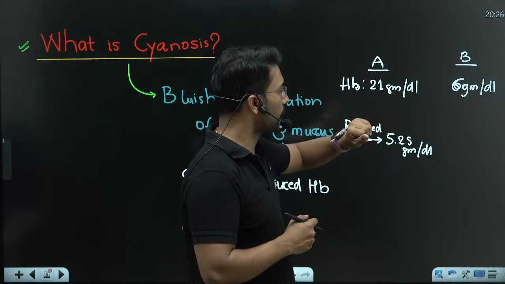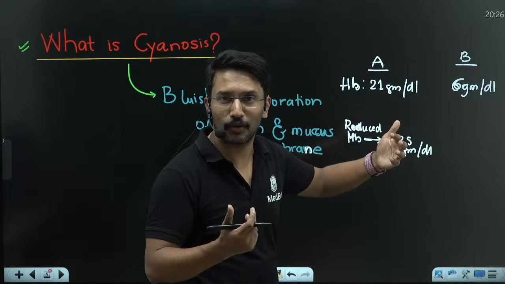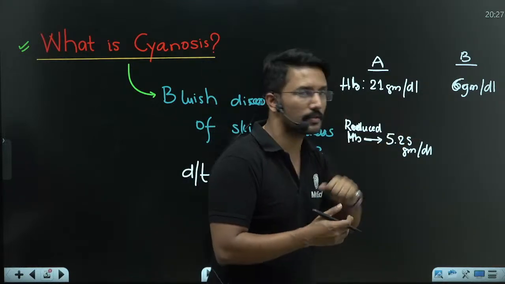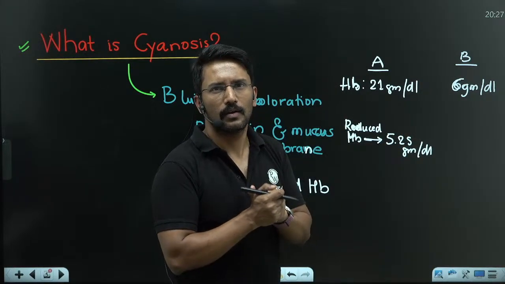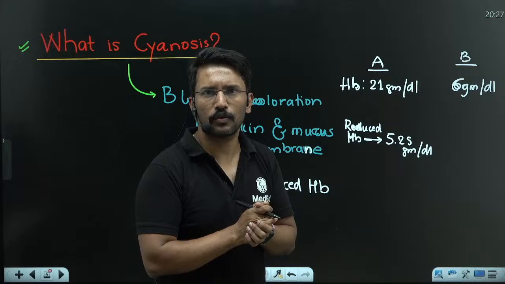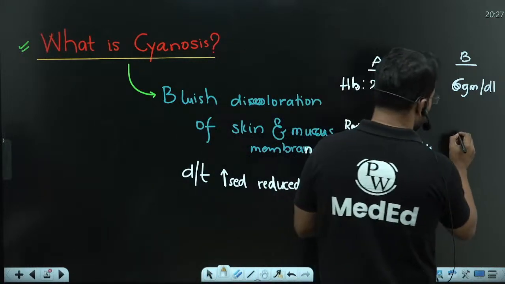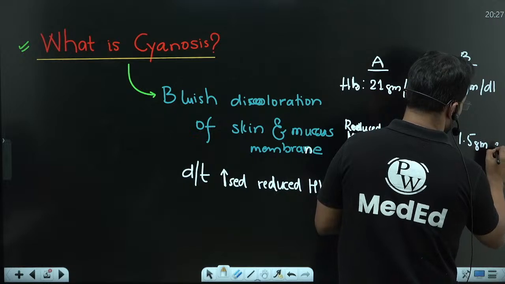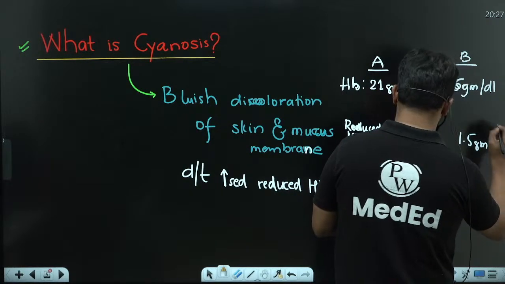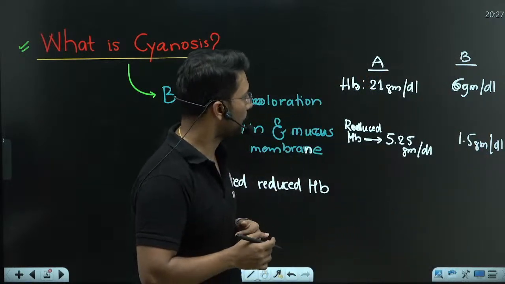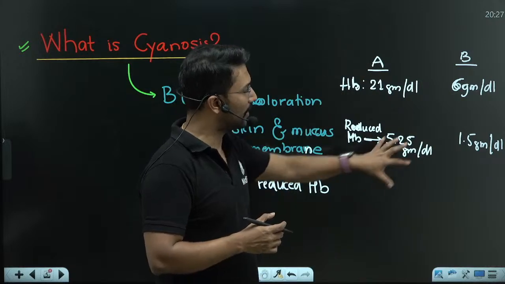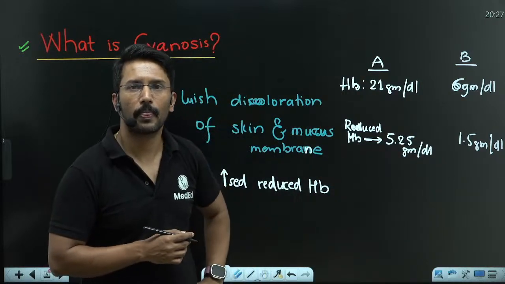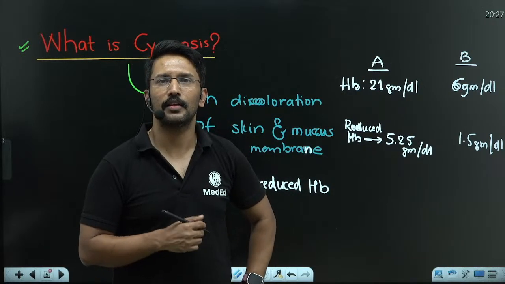One fourth of 6 will be 1.5. So this patient's reduced hemoglobin will be 1.5 grams per deciliter. Now, whom do you think is likely to appear cyanosed?